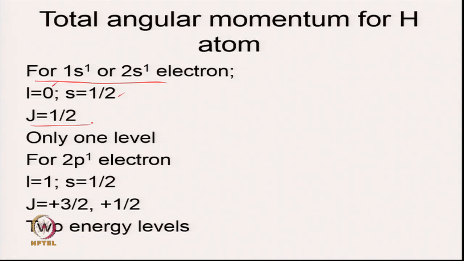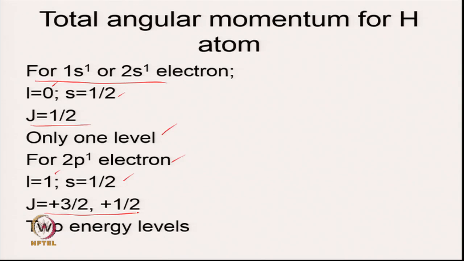So, only one value of J is allowed, and thus it will have one energy level. For a 2p1 electron, L is equal to 1 since the p orbital corresponds to L equal to 1, and S is equal to half. So, J can have two values, plus 3 by 2 and plus 1 by 2, and so you will have two energy levels.